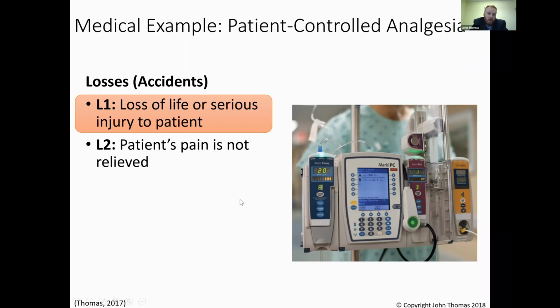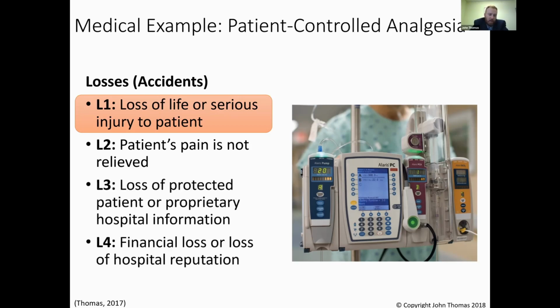What are the losses? So a loss, super high level, loss of life, of course, or serious injury. But on the other hand, if the patient's pain is not relieved, that's kind of the mission statement. We care if we have L2, maybe not as much as L1, but we care if we're not relieving pain as well. We can use this process to carefully identify the causes of these losses.